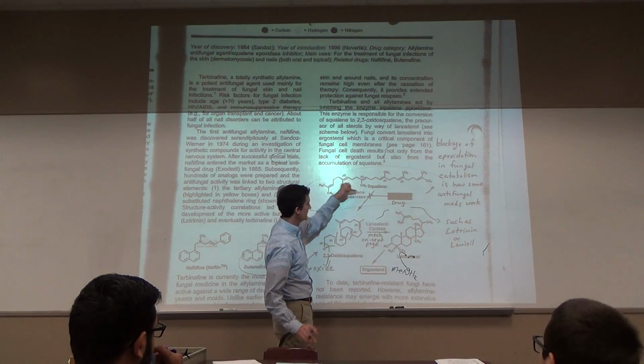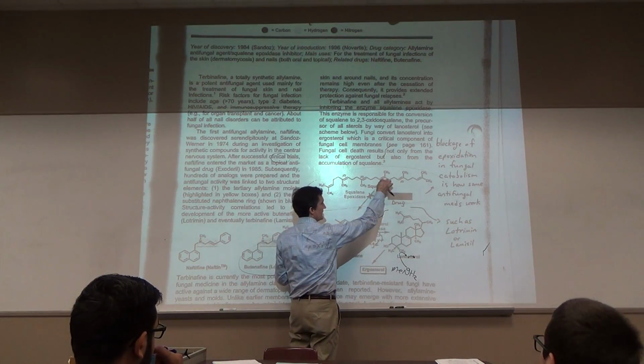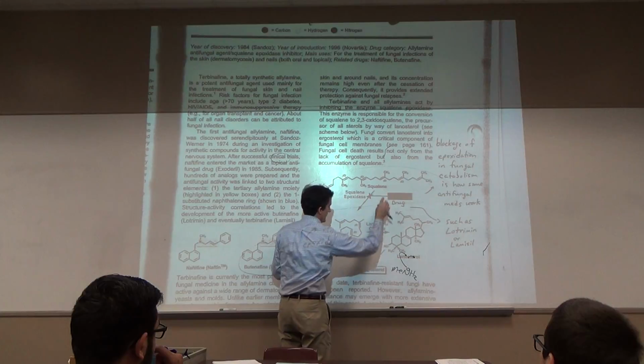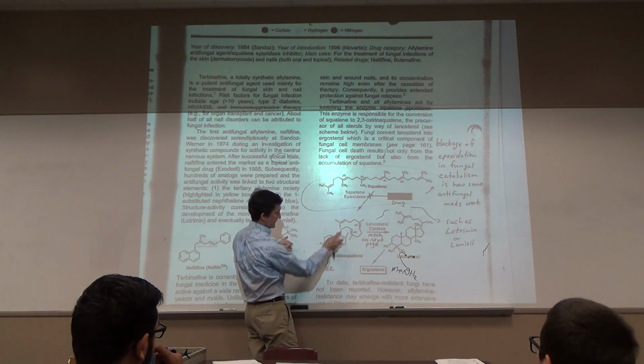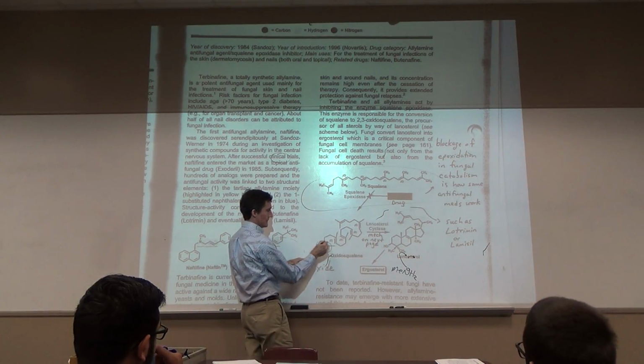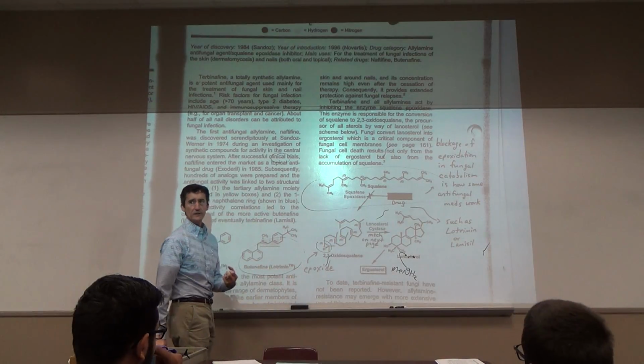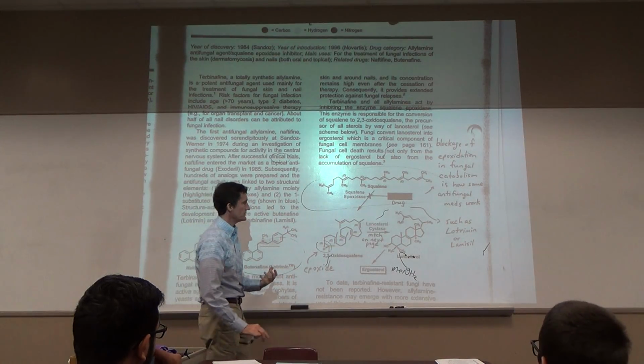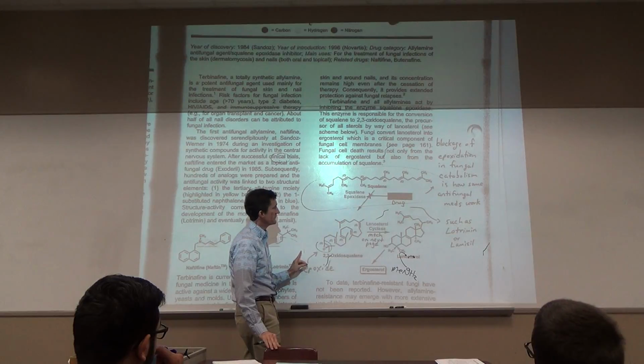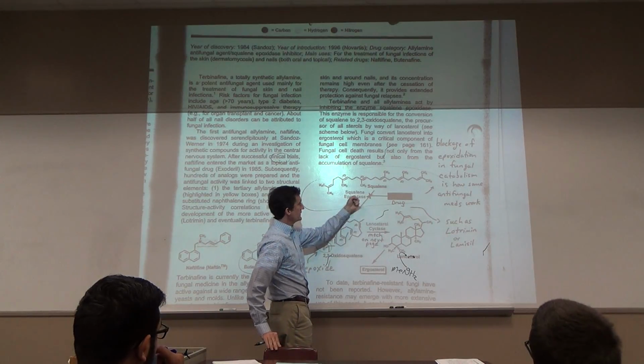These drugs target this. This enzyme converts squalene to this structure, which has an epoxide. So epoxidation takes place during this process in the fungus. The drug keeps this from happening.